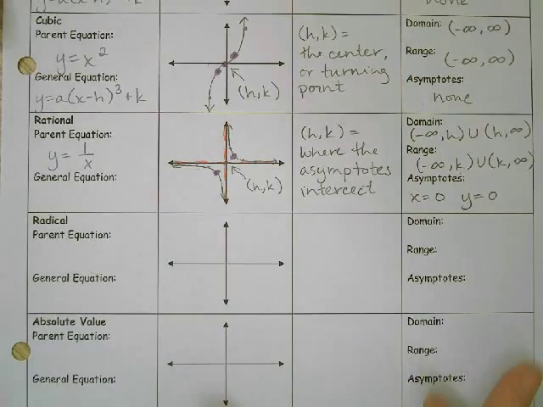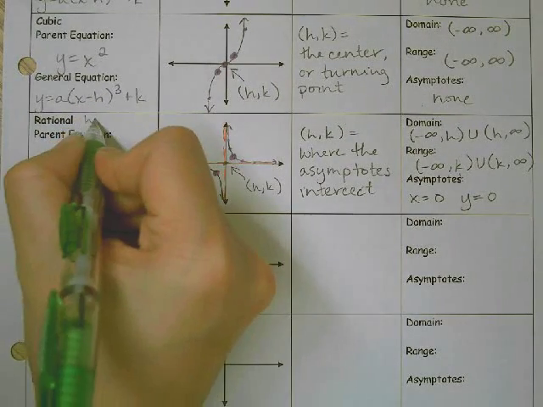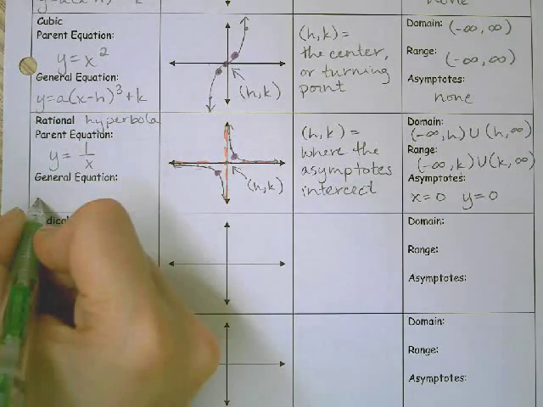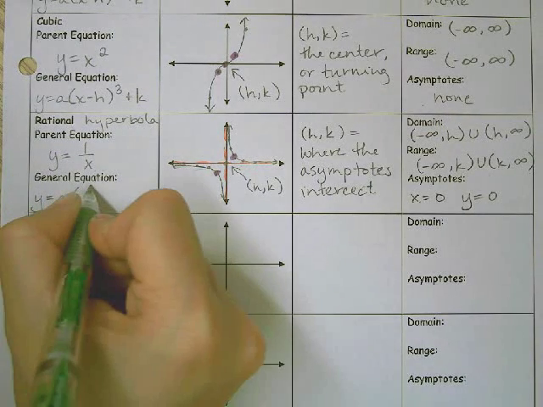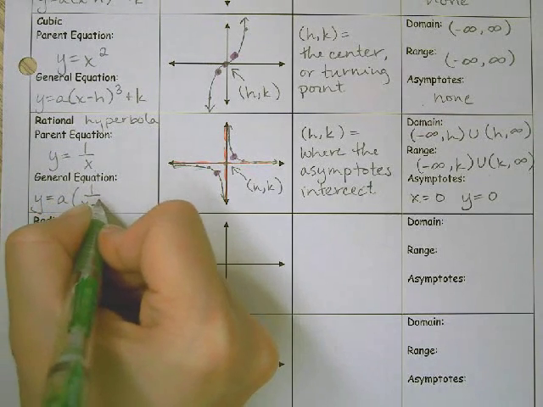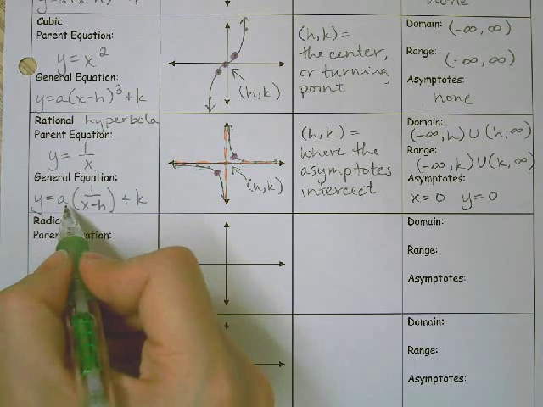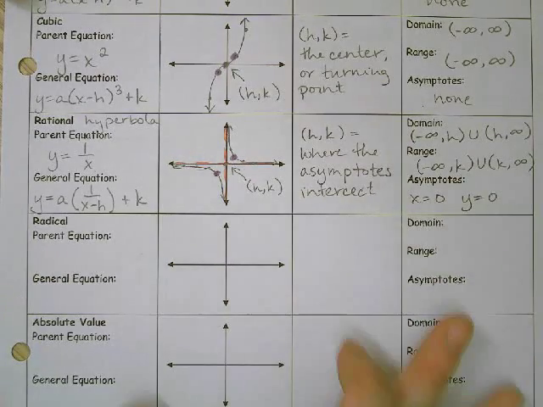That is what's also called a hyperbola. And then the general equation, which I almost forgot, is a times 1 over x minus h plus k. You can always also write that as a over x minus h, just depends on your preference.